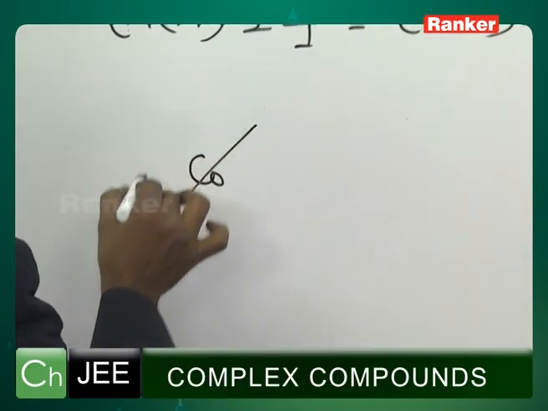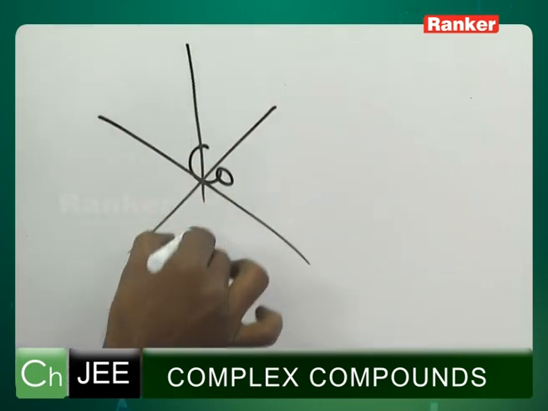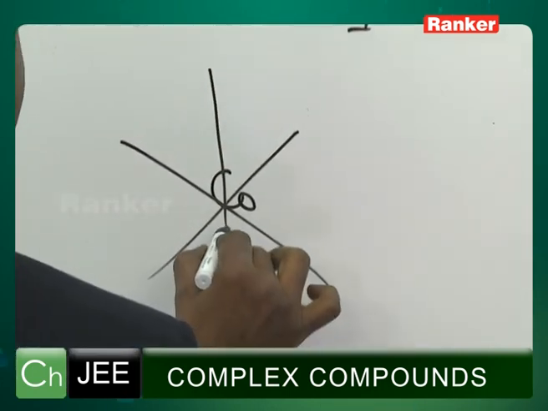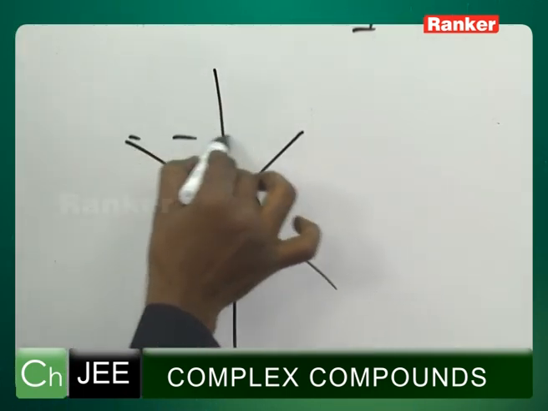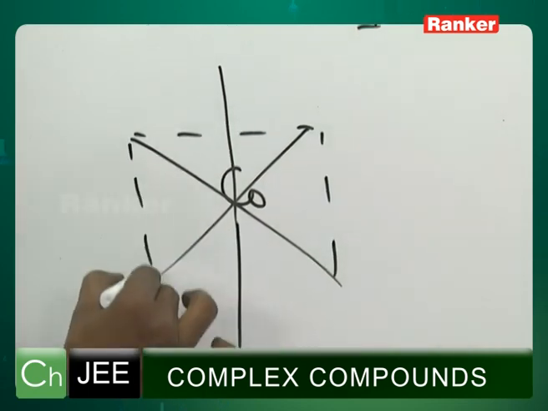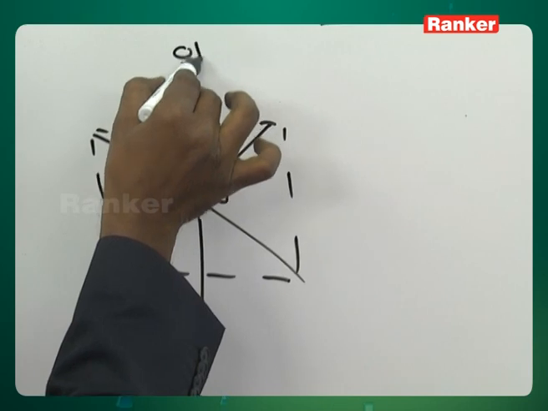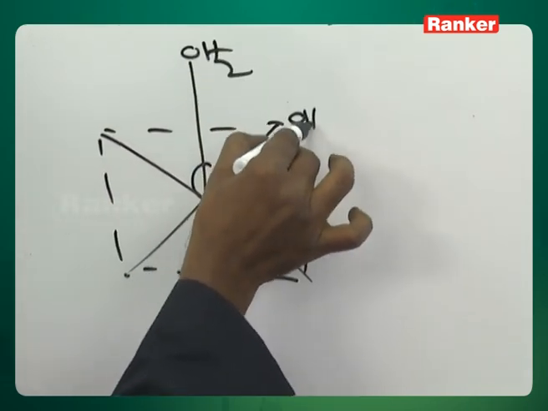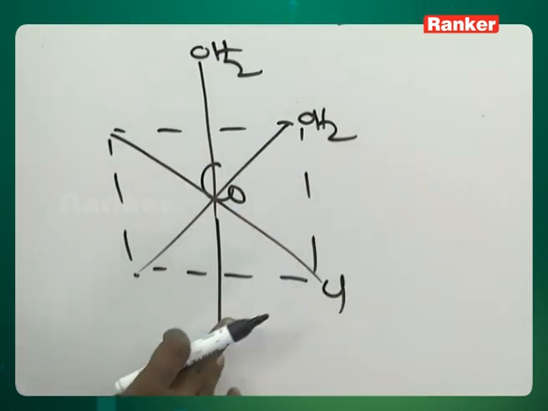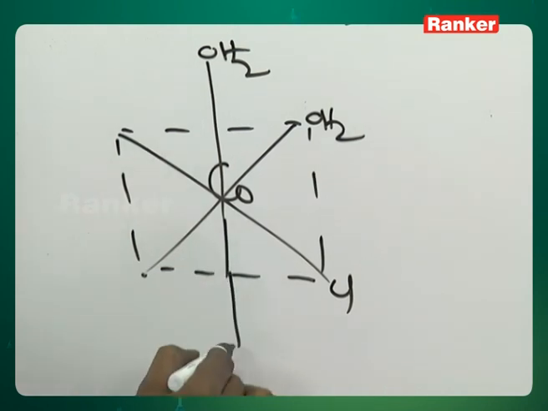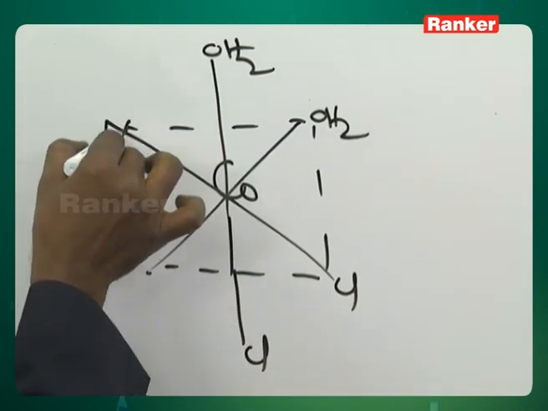Co, take H2O, aqua ligand, and chloride, one ethylenediamine.